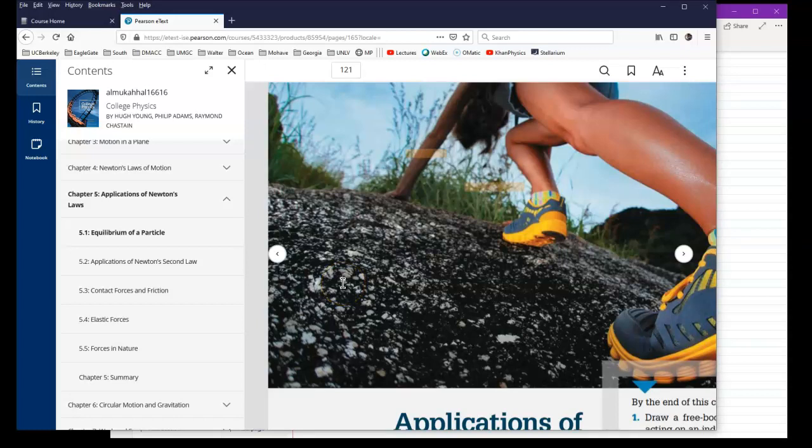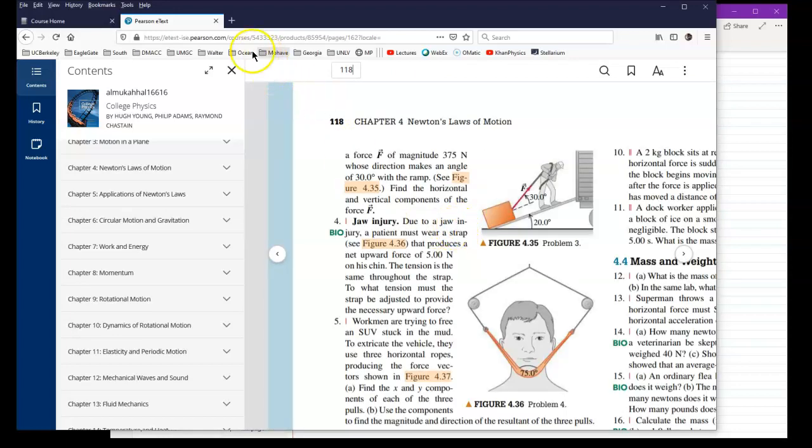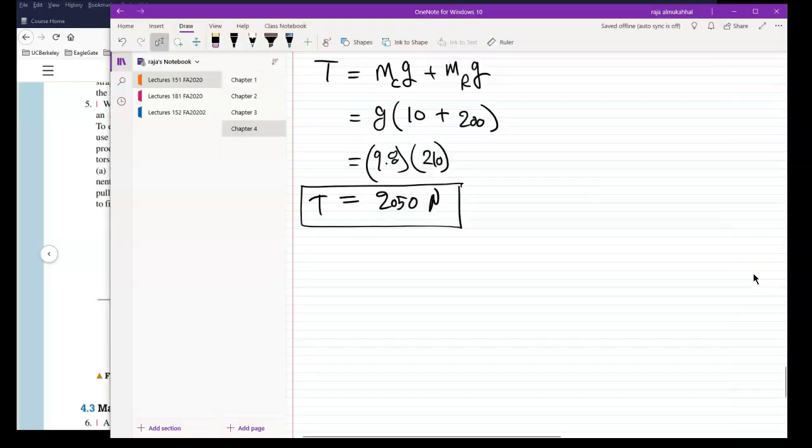Number 18, page 118. Right there. See it? Okay, let's do that. And then we'll do something harder than this one. But it's kind of a cute problem.